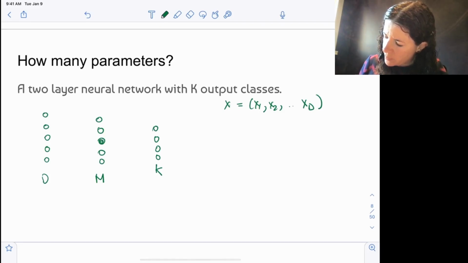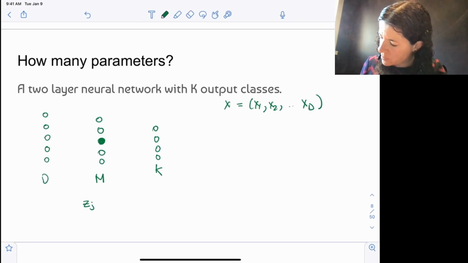Okay, so if you look at, say, one of these elements here, how do we compute the value of this element here? So let's say that this is zj, right? And then after that, zj1, and after zj1, we compute aj1.